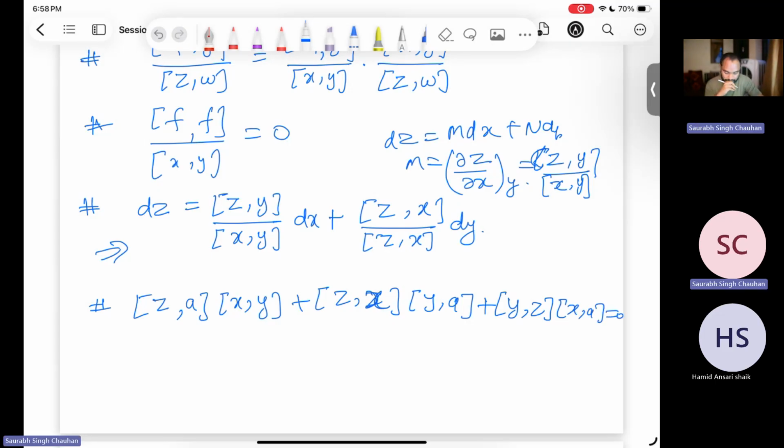This is just this particular equation written in this form.